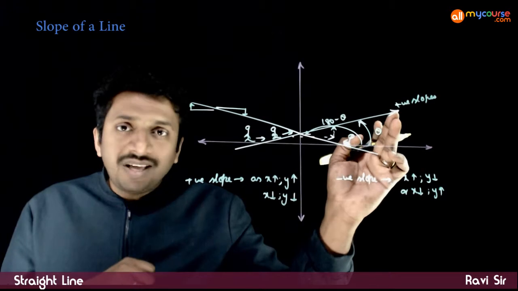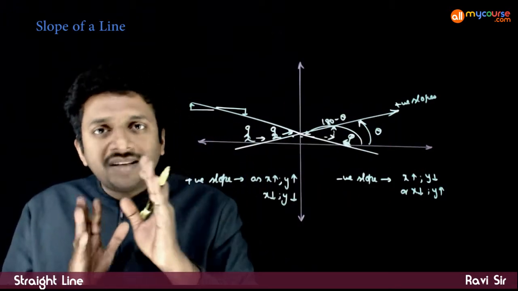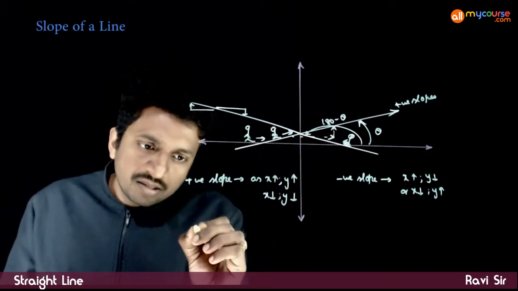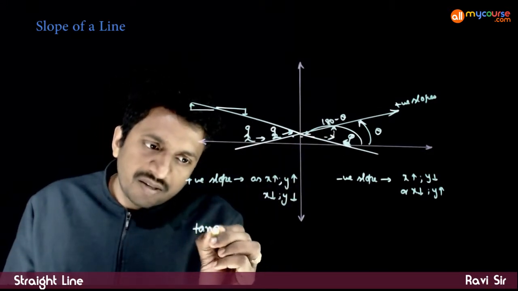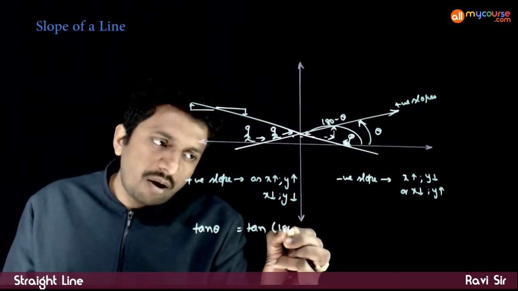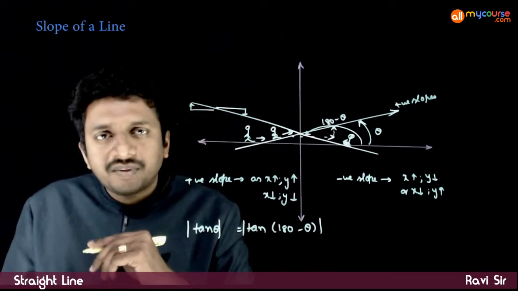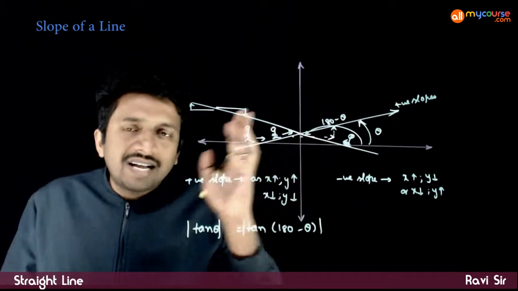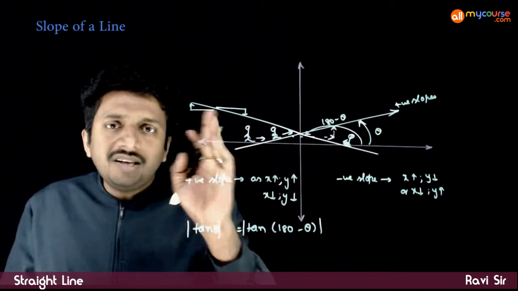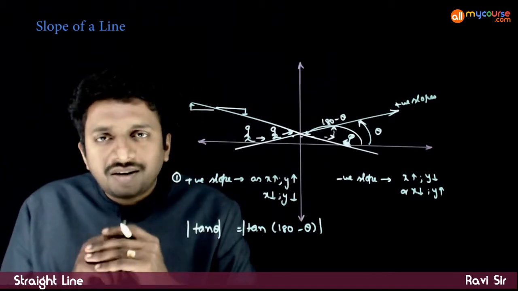So if this slope is 1 by root 3, this slope will be exactly minus 1 by root 3 if these two are images of one another. So tan theta is magnitude wise same as tan of 180 minus theta. These two slopes are exactly numerically same, but one will have a positive sign, the other will have a negative sign. So this is the first thing that you need to understand.